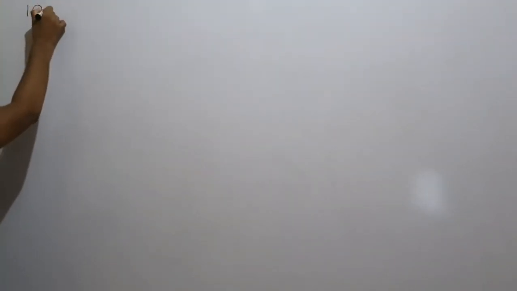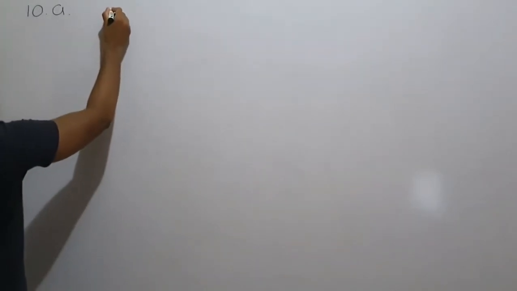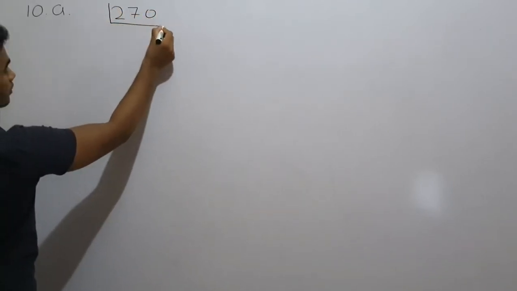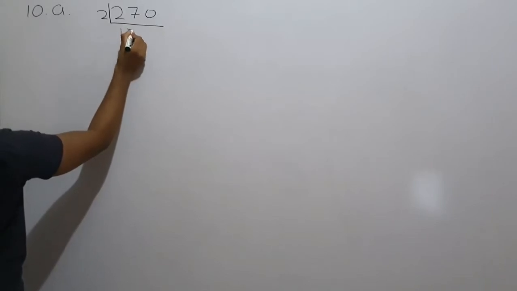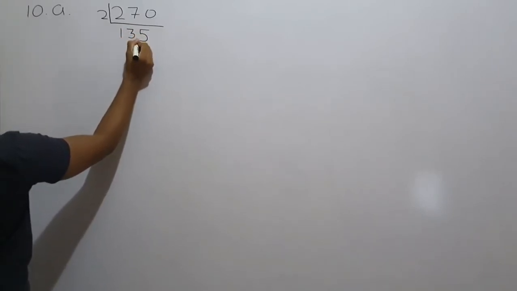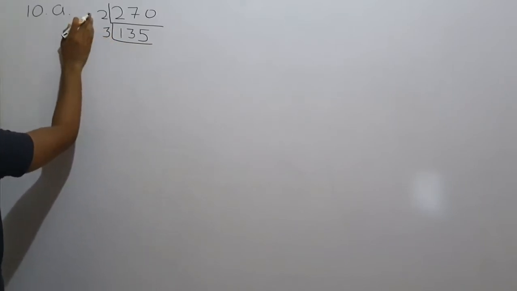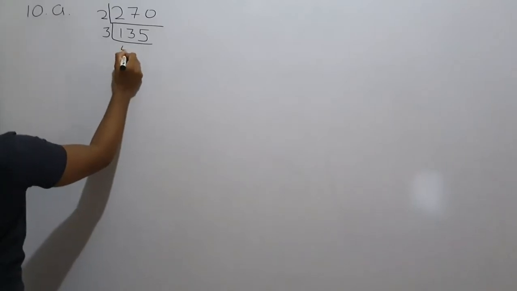So the 10th question, part A. Write 270 as a product of its prime factors. So 270, you can divide it by 2, you will be getting 135. Now you can divide it by 3. Make sure it's better if you go in ascending order. You will be getting 45.